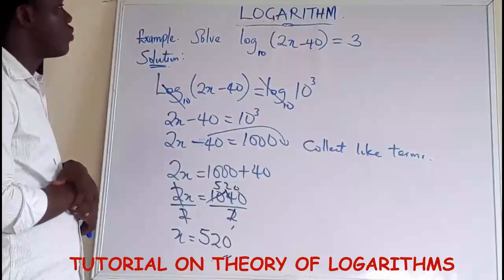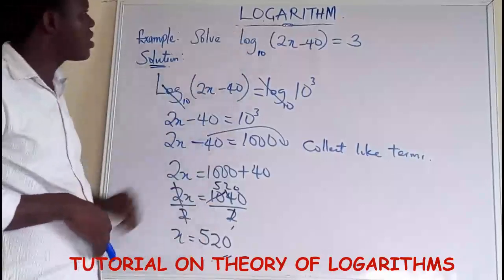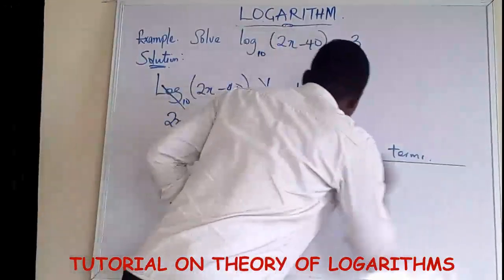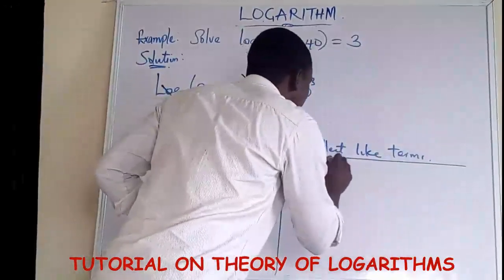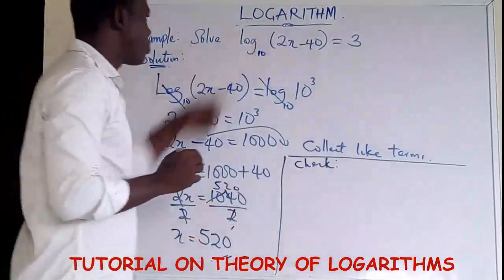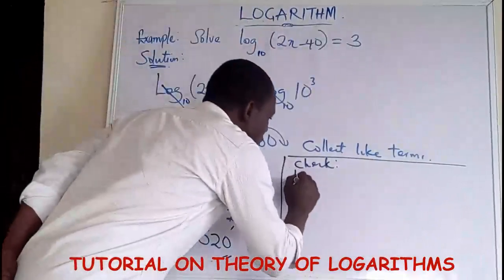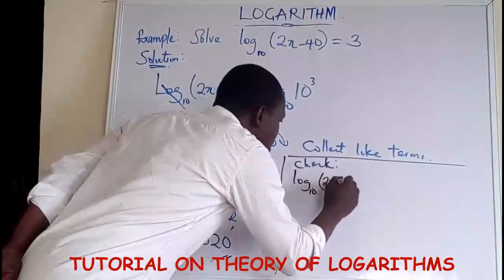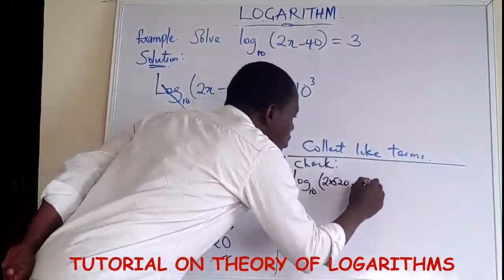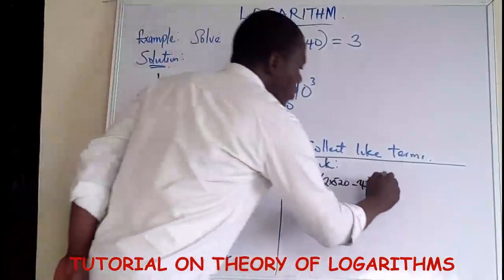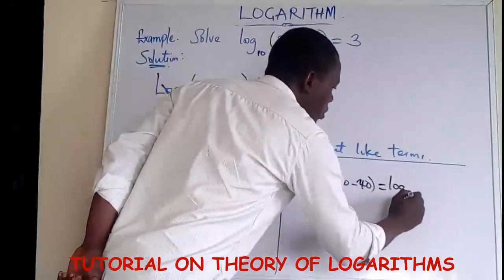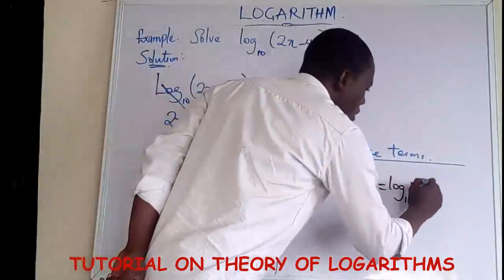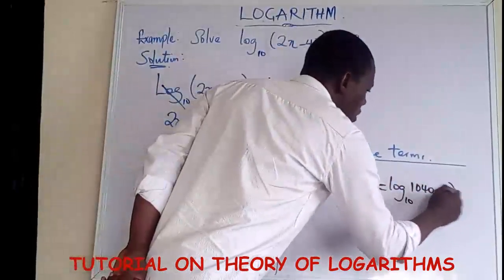520. And then if you put 520, let us see what we are going to get from that. Let's call it check. So we have log base 10 of 2 times 520 minus 40. So what do we have? 2 multiplied by 520 is 1040, minus 40.